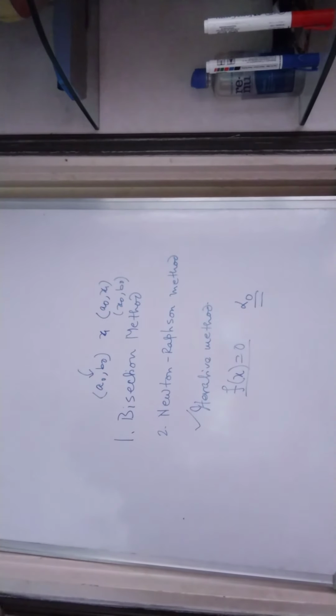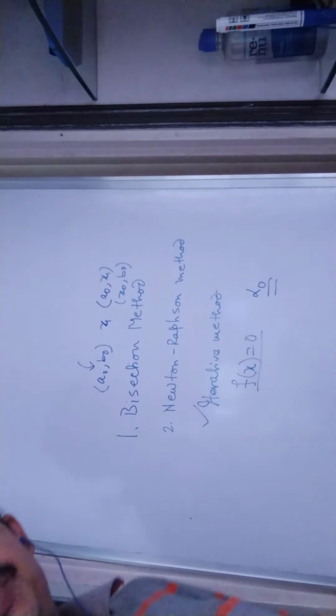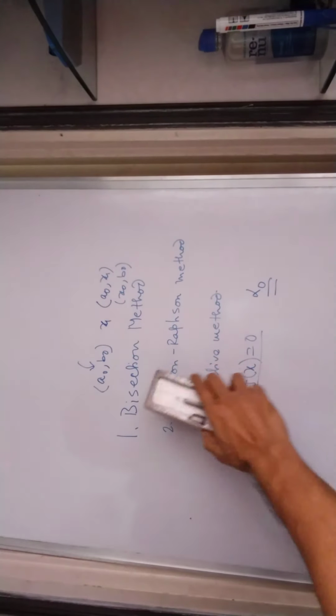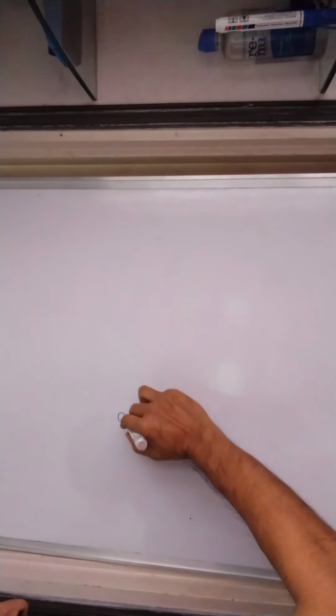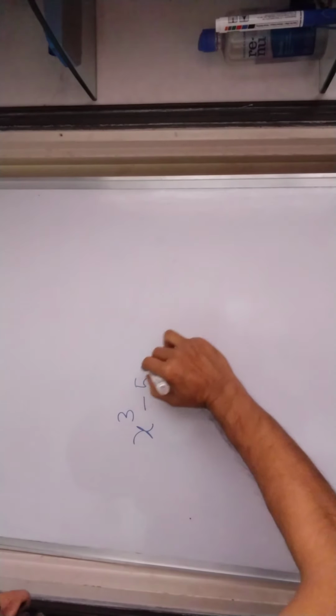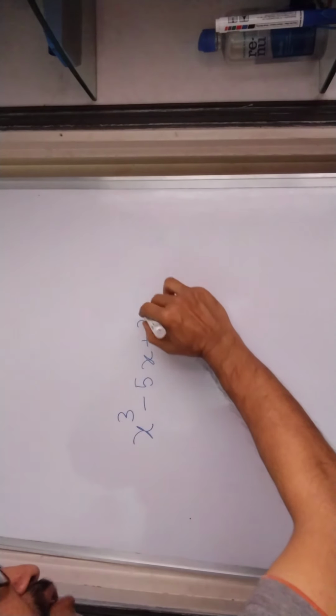Now, we take a very simple cubic equation to illustrate how these two methods work. We are taking a very simple example, x cube minus 5x plus 3 equal to 0.